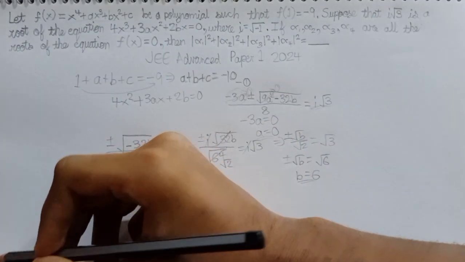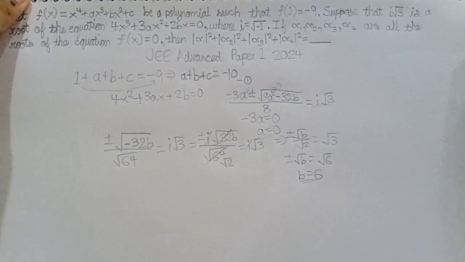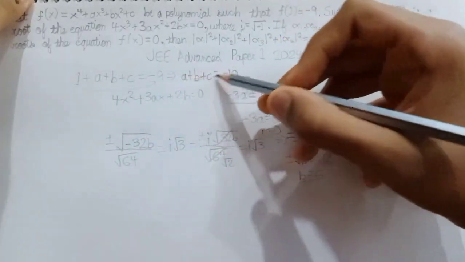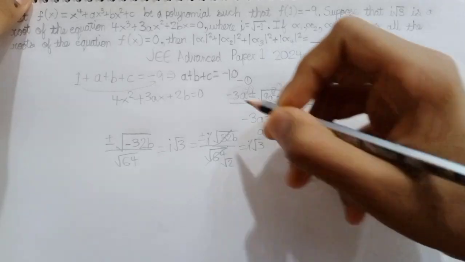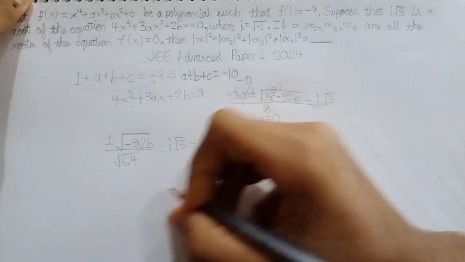Now, if you see the rest of it, we have to substitute these values into equation 1 from that time. So now we have b is equal to 6, a is equal to 0, and let's write it down.